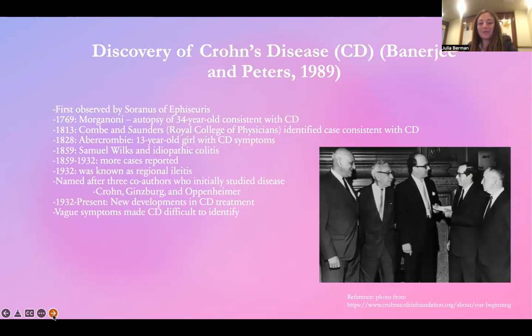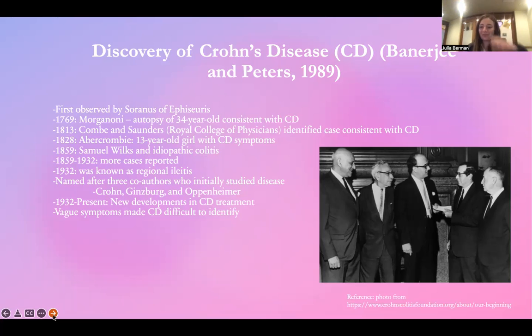So first, a brief history of Crohn's disease. It was first observed by Soranus of Epicurus, who was a Greek physician in the 2nd century AD. In 1769, Dr. Morgione performed an autopsy on a 34-year-old who had presentation and inflammation in the bowel consistent with Crohn's disease.